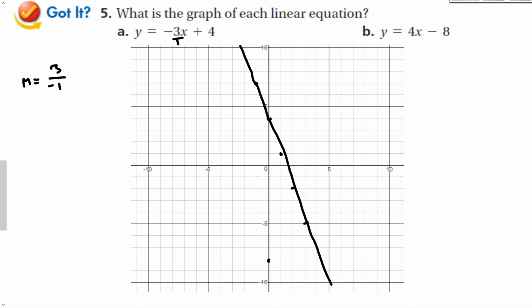So now I start at minus 8, and I go up 4, right 1. Up 4, right 1. Up 4, right 1. And you get another line, as straight as possible.